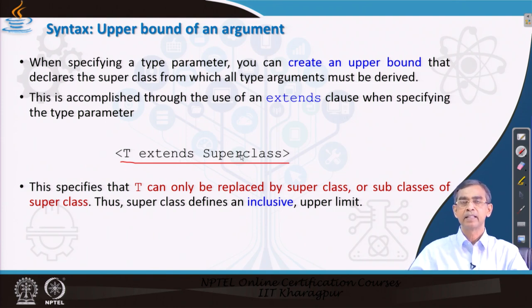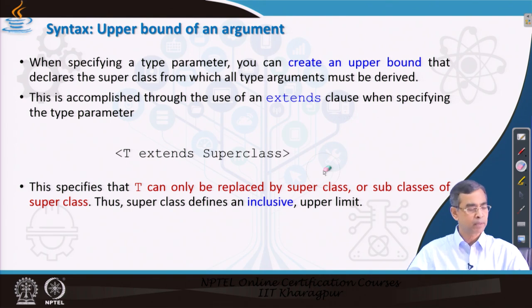This means that this T is only valid, or the scope of this T is only valid, for the Number class or any of its subclasses. So, this is the simple syntax that you should follow while you are defining a generic class, if you want to mention that the generic class definition has its bound, or upper bound, up to this class or any of its subclasses.